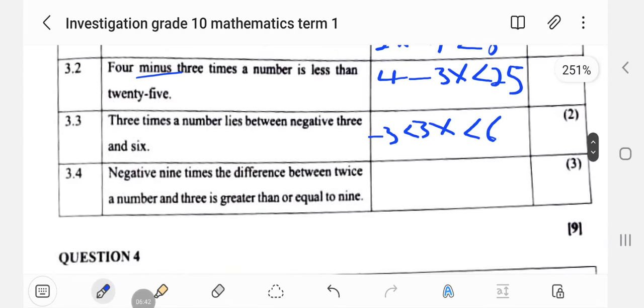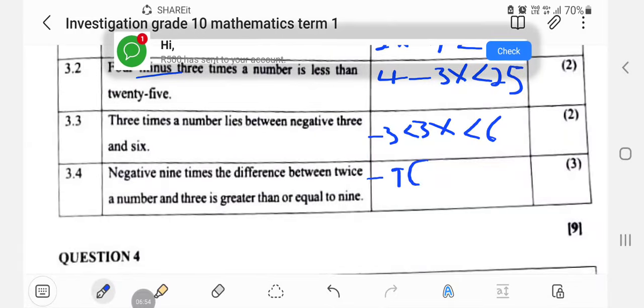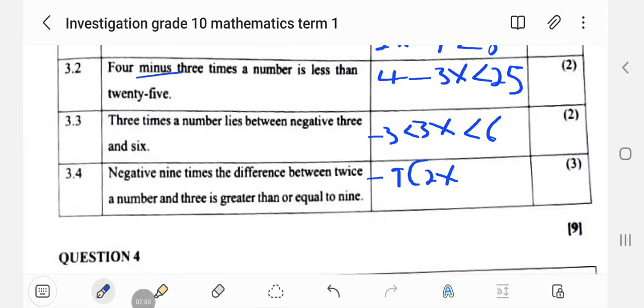3.4. Minus 9 times the difference between twice a number and 3 is greater than or equal to 9. Okay, a little bit complicated here, sorry.